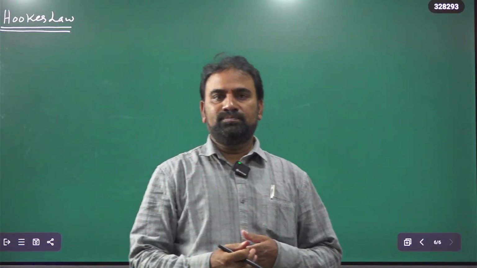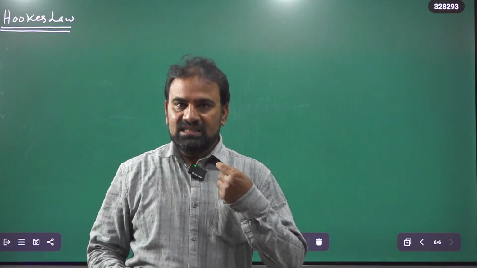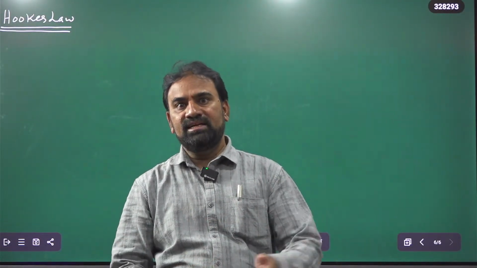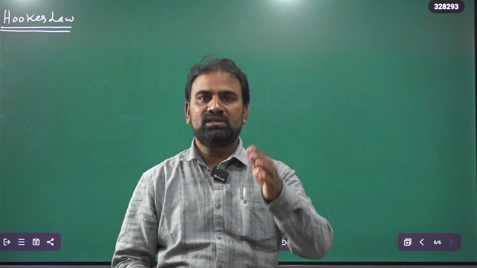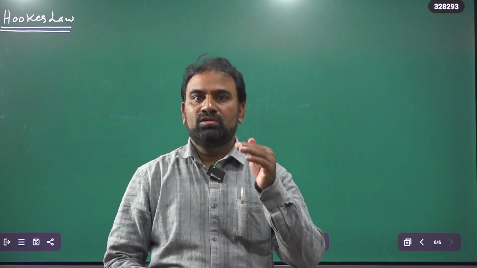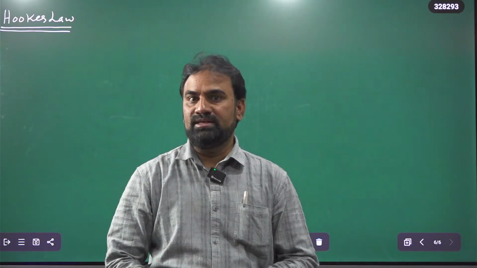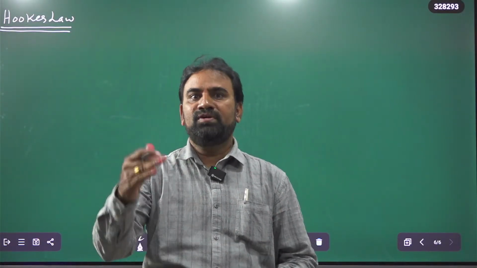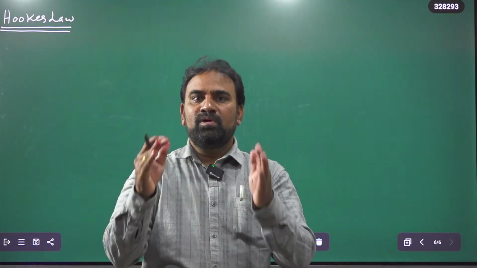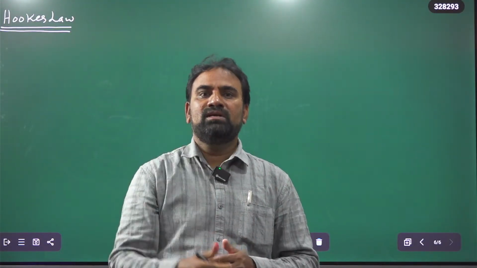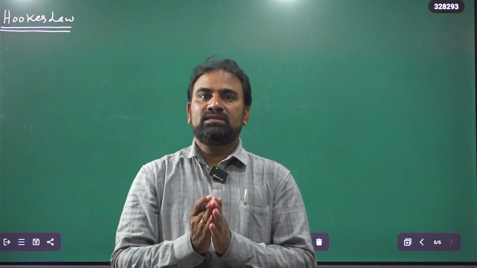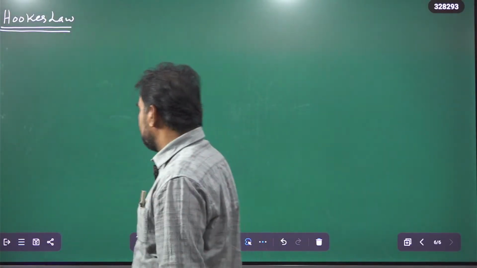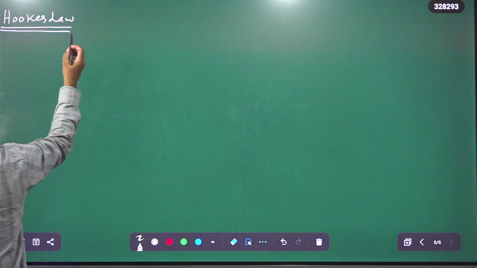Elastic limit means the maximum strain we can apply to an object such that the body regains its original shape and size after the strain is removed. That limit is called the elastic limit. So within the elastic limit, stress is directly proportional to strain.